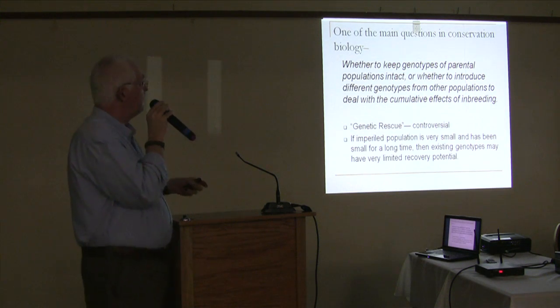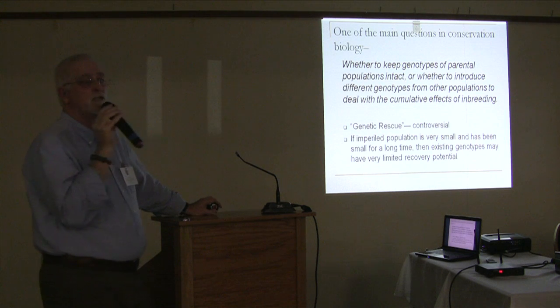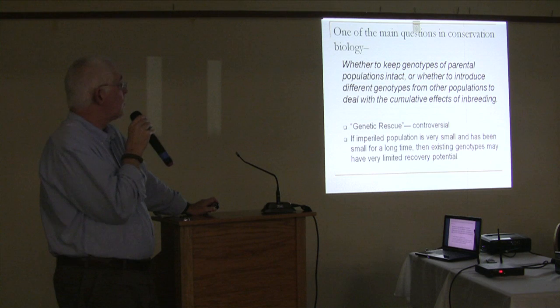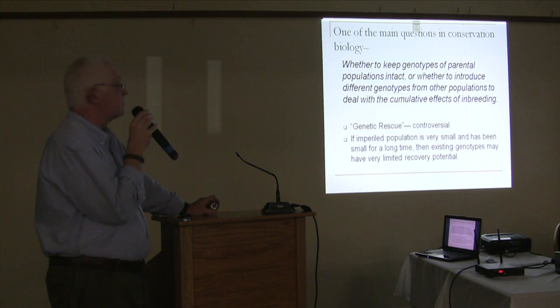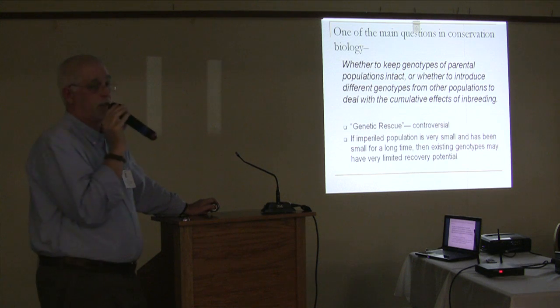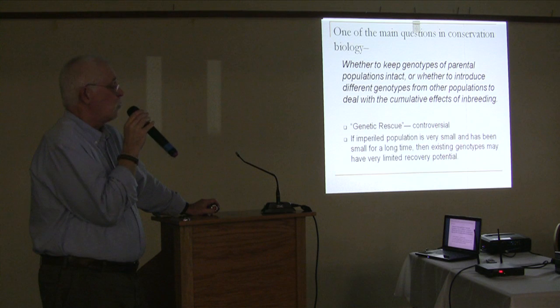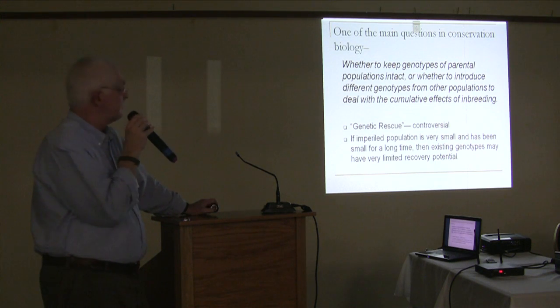One of the main questions in conservation biology today is whether you should keep genotypes of parental populations intact, or whether you should introduce different genotypes from other populations to deal with the cumulative effects of inbreeding. When you have an inbred population, you don't have a lot of choice.